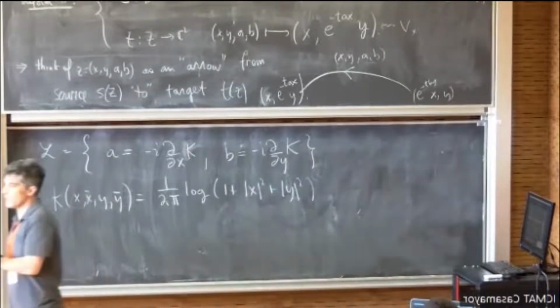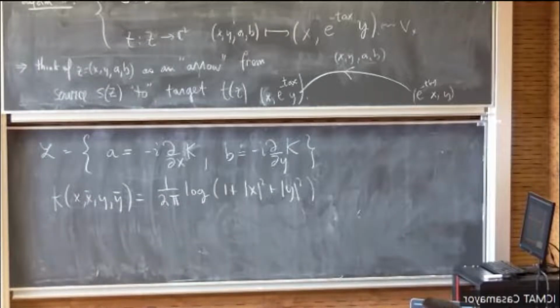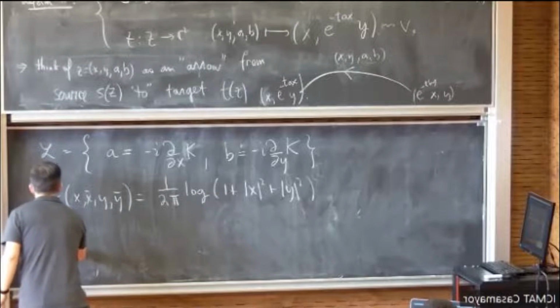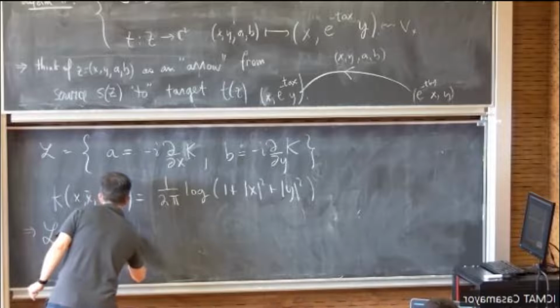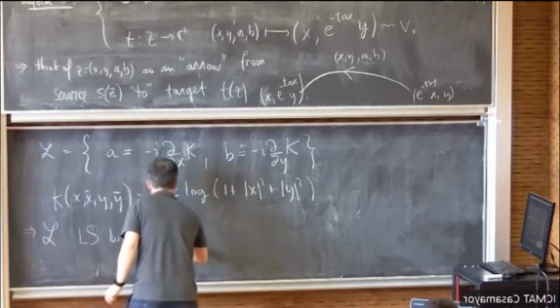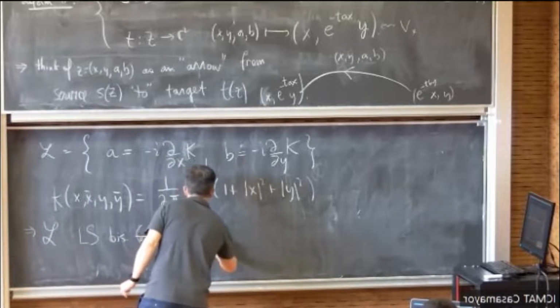I could have chosen anything, but I chose this particular C-infinity function. And this will lead to L being an LS bisection for t sufficiently small.